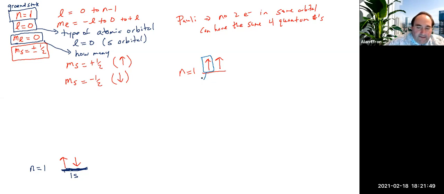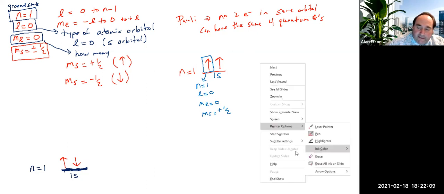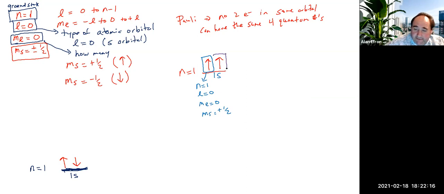So if we take this first electron and we were to assign the 4 quantum numbers, the n would equal 1 because it's on the first energy level. Because it's an s orbital, L would equal 0. M sub L would equal 0 in this case, and M sub S would equal plus 1/2. Now, if we did it for electron 2 that is sitting there, in the exact same orientation, as you could probably imagine, it is going to come out exactly the same.